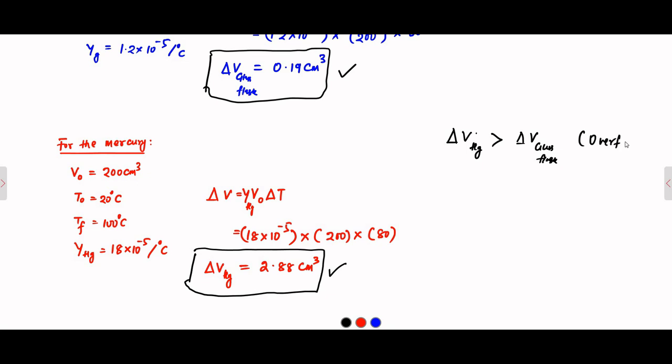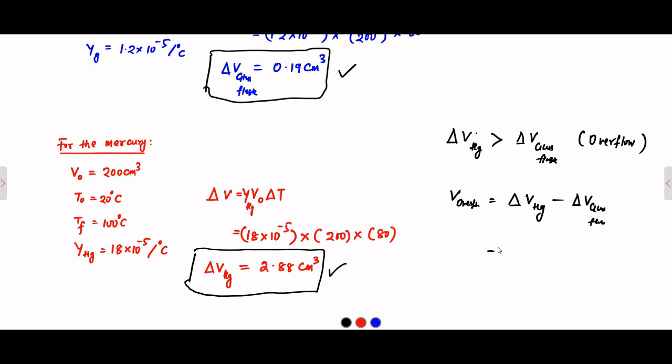The excess increased volume of mercury which will not be accommodated by the glass flask will overflow. So that volume of overflow is equal to the difference between these two, the increase in volume of mercury and the increase in volume of the glass flask.